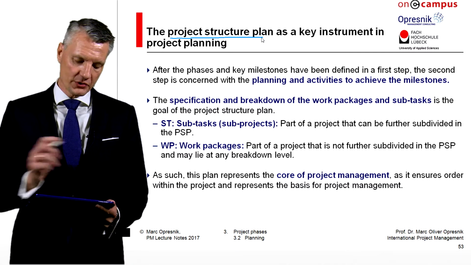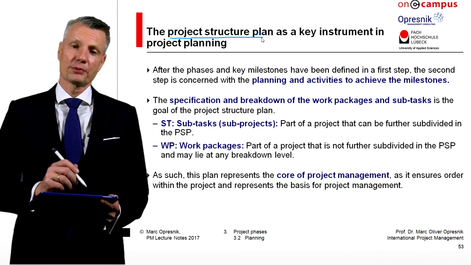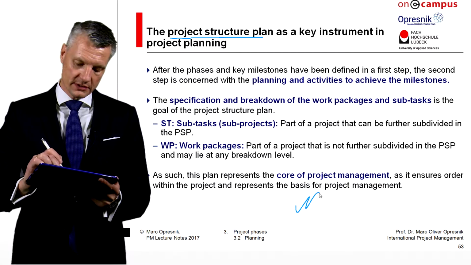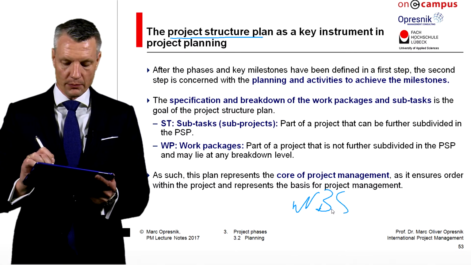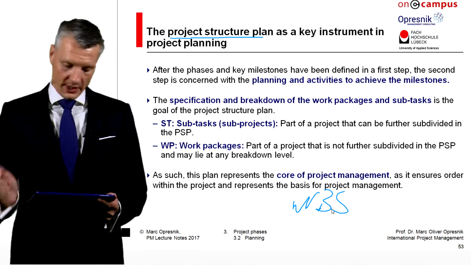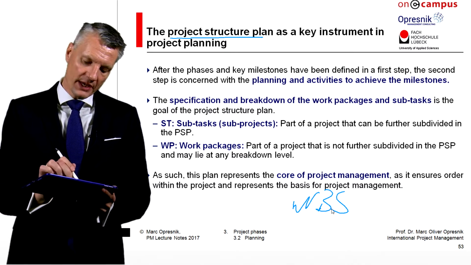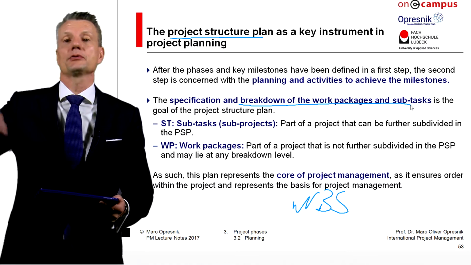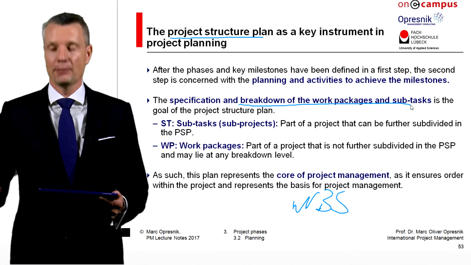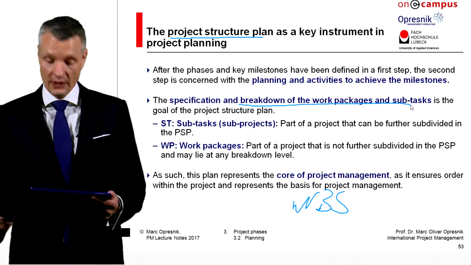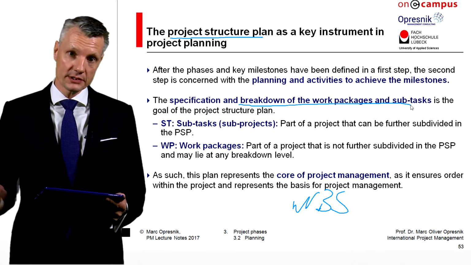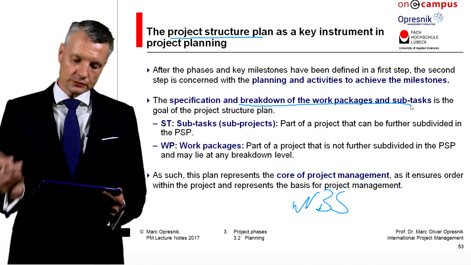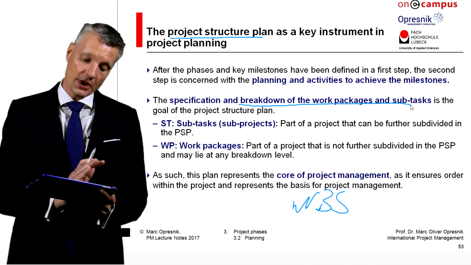What is it, the project structure plan? The project structure plan is also called WBS, Work Breakdown Structure. So the aim is to break down the entire project, like, I don't know, the construction of a house, of an airport, or the acquisition of a different kind of company, or the launch of a product in a specific country, into subtasks.